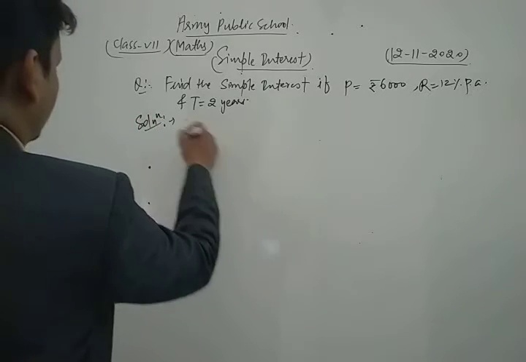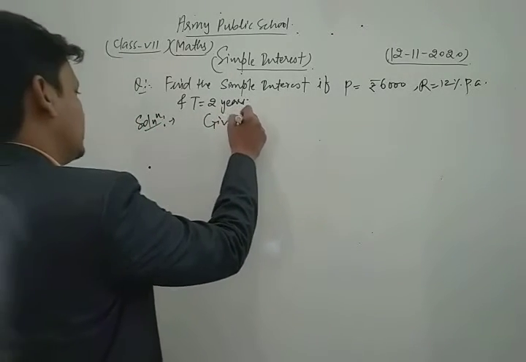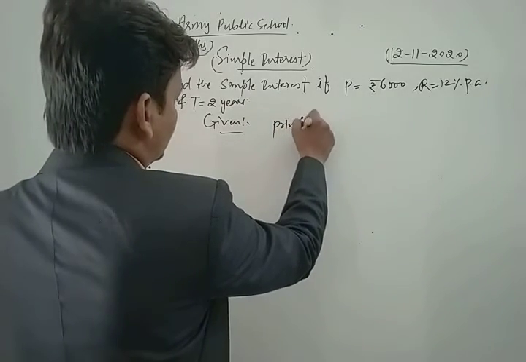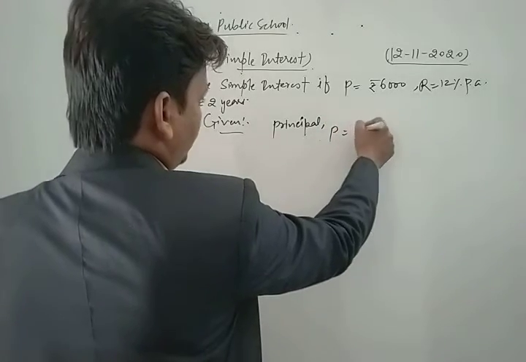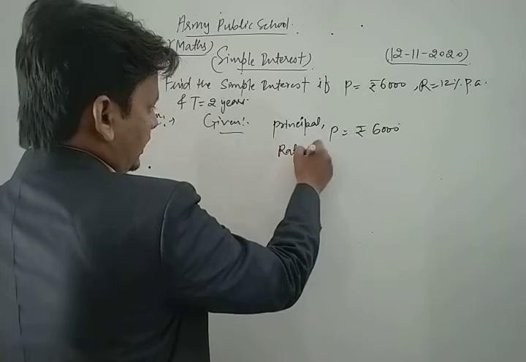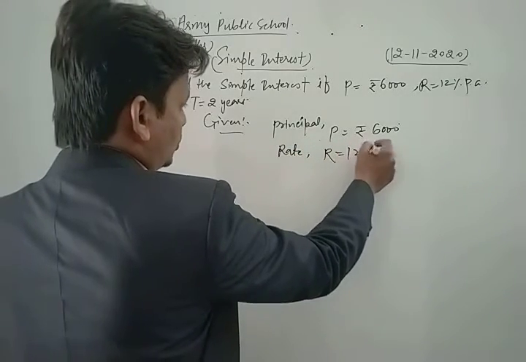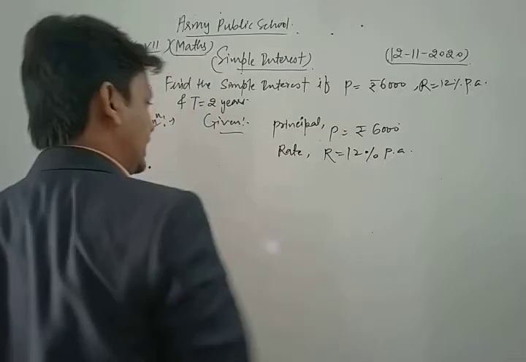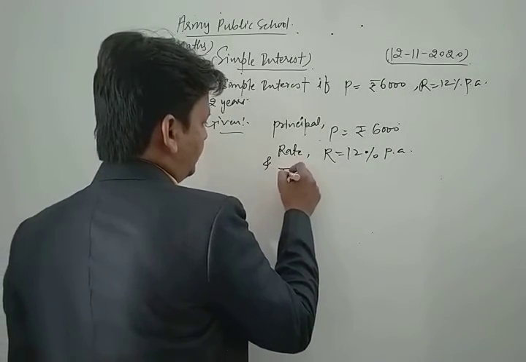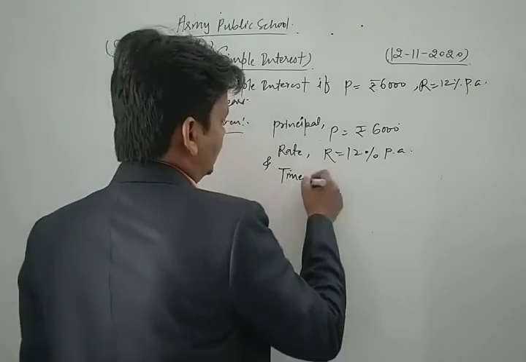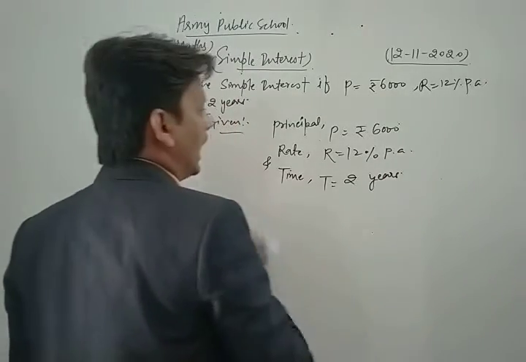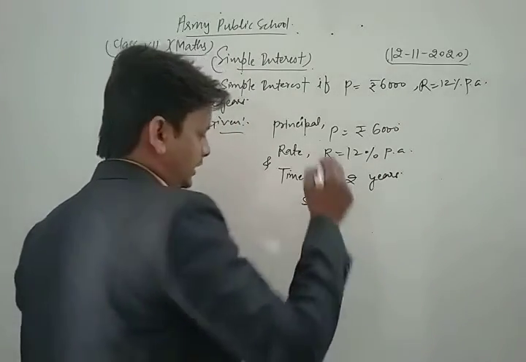First of all, we write the given values. The given value of principal P is rupees 6,000. Second, the rate of interest R is 12% per annum, and the total time is given as 2 years, and we find the simple interest.